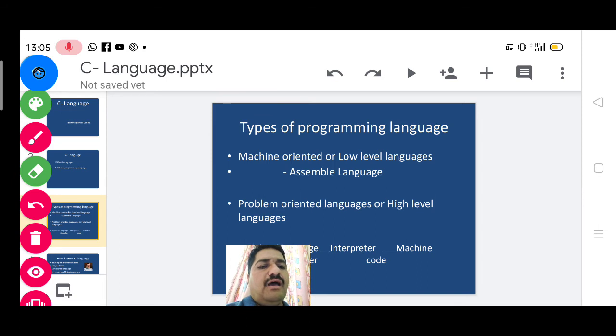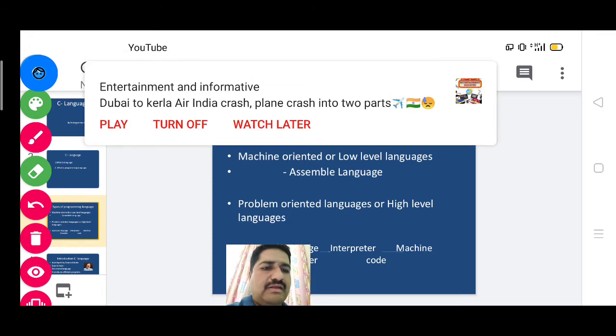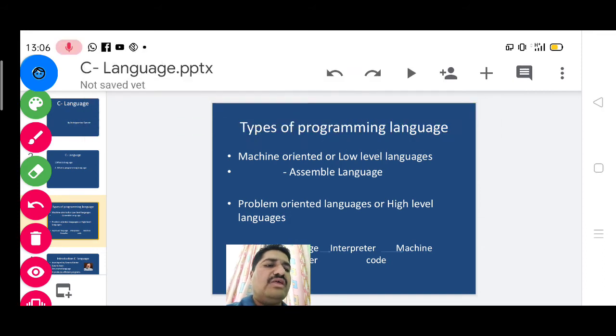The machine oriented language, that's called a low level language, and these languages are designed to give a better machine efficiency, and the program execution is much faster. Machine language and assembly language are two programming languages belonging to this category.